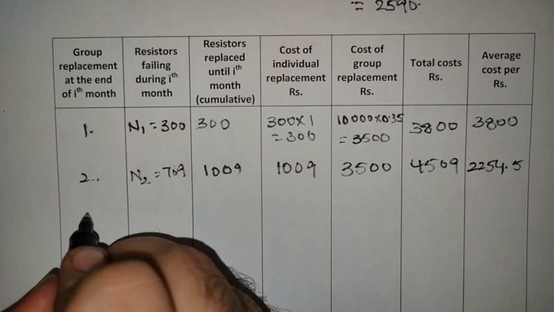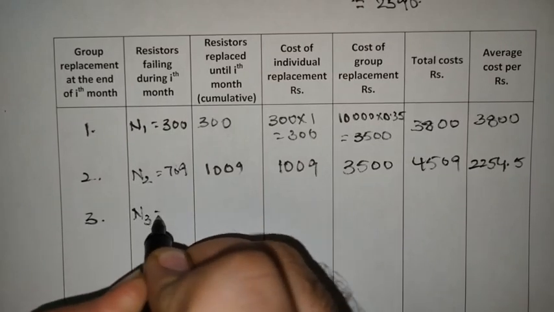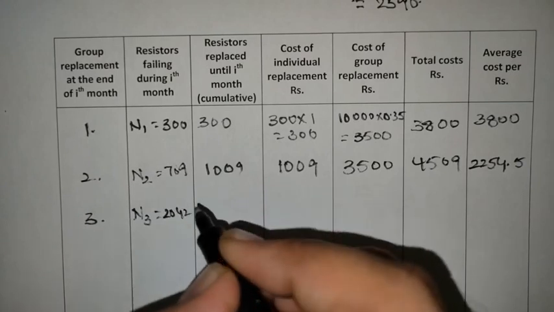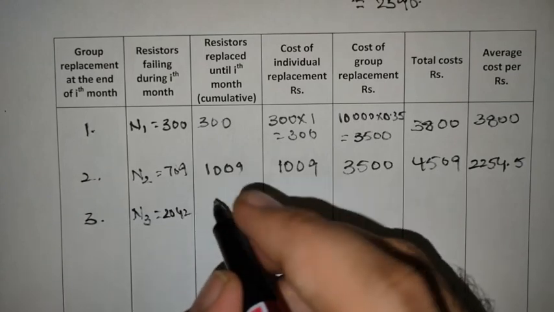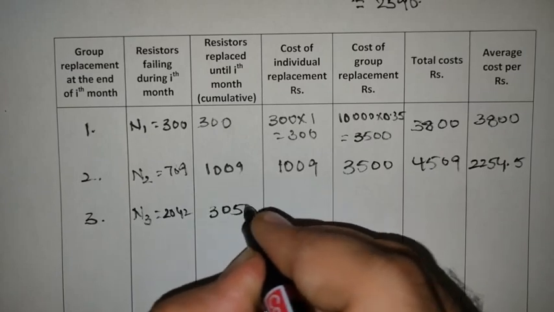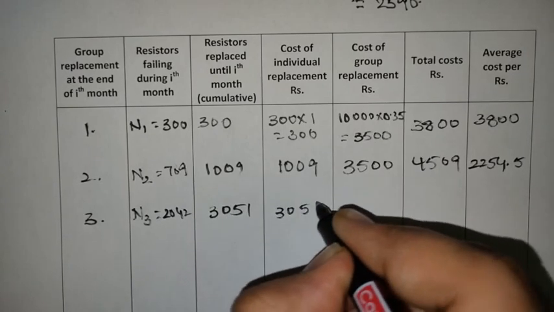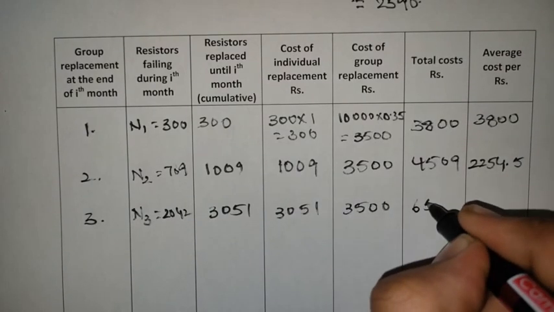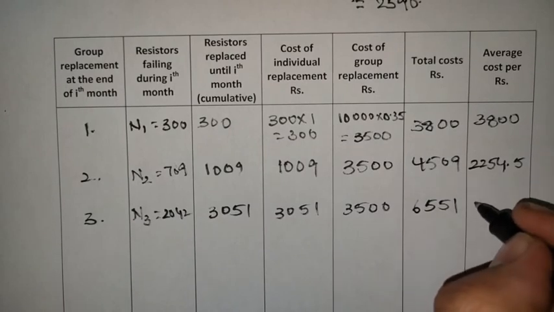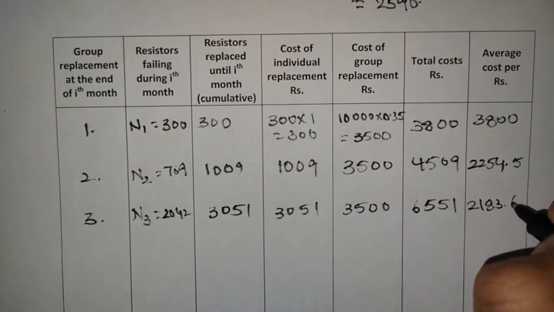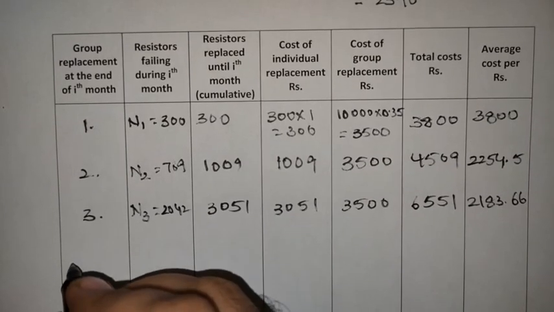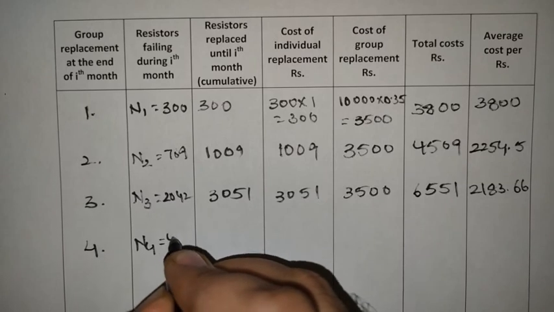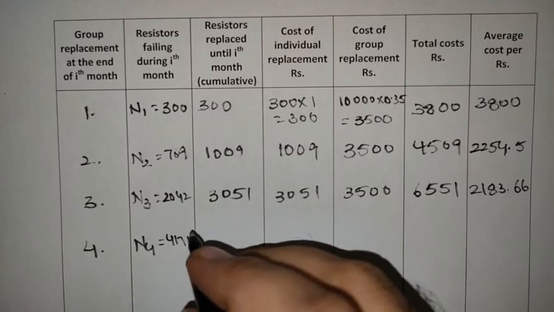And next, third month, N3, here it is 2042, up to total 3051. Cost is 3051, group is 3500, total cost 6551, average cost 2183.66.